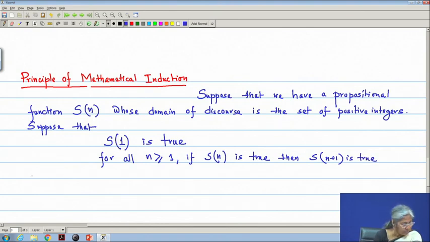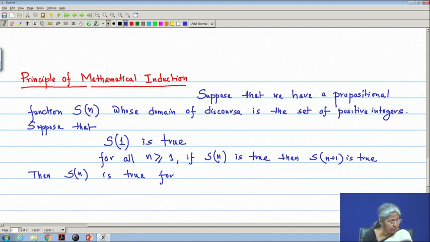Then Sn is true for every positive integer n.